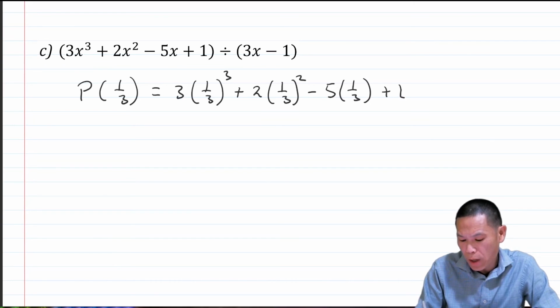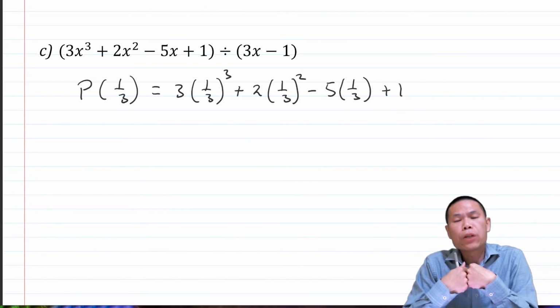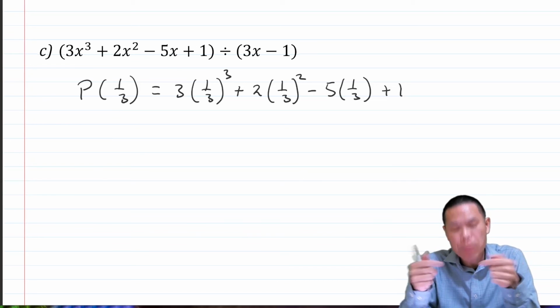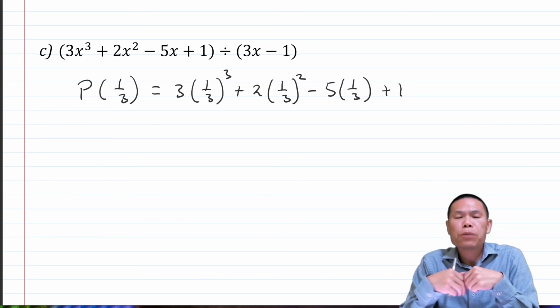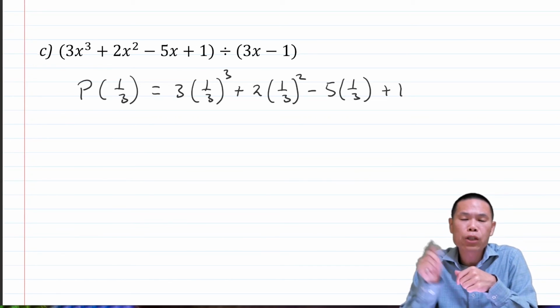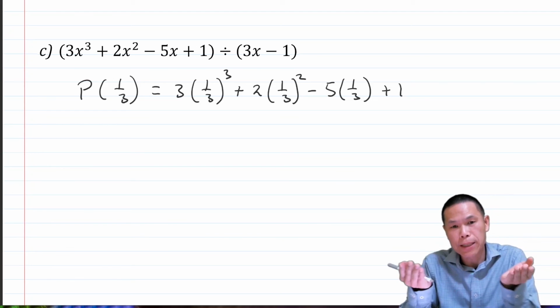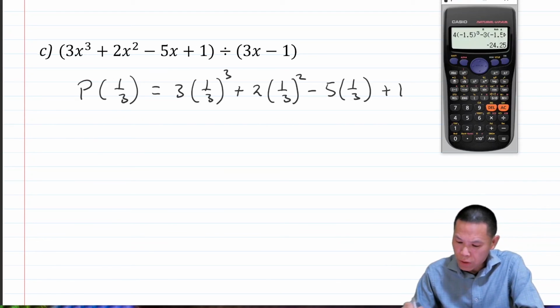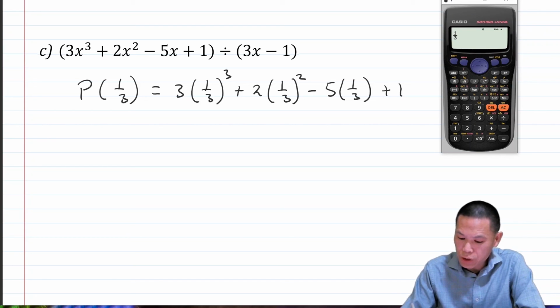And then we add 1, of course. So what I do, I just put it in a calculator. But before I do that, I'm going to put 1/3 on the calculator and store it in memory, so it makes it easier. So I just go 1/3, shift, store in A.